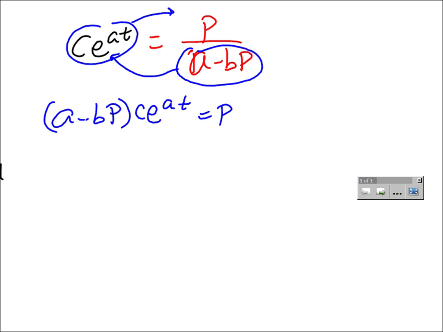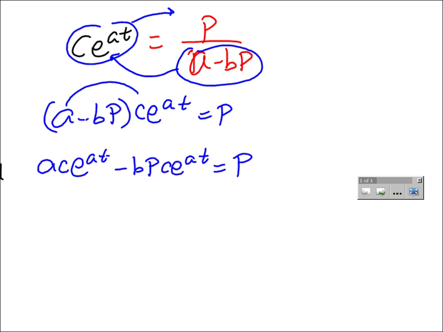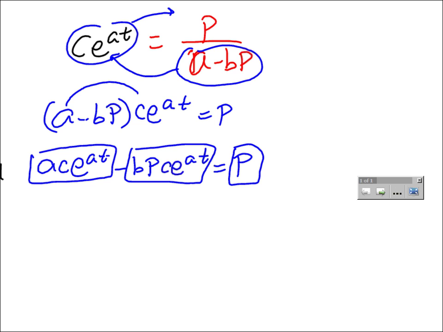We'll distribute, and then solve for p. So here I get ac e to the at minus bp c e to the at. This is equal to p. This term has no p, minus this term does have p, equals this term has p's. I'm going to bring this to the other side.